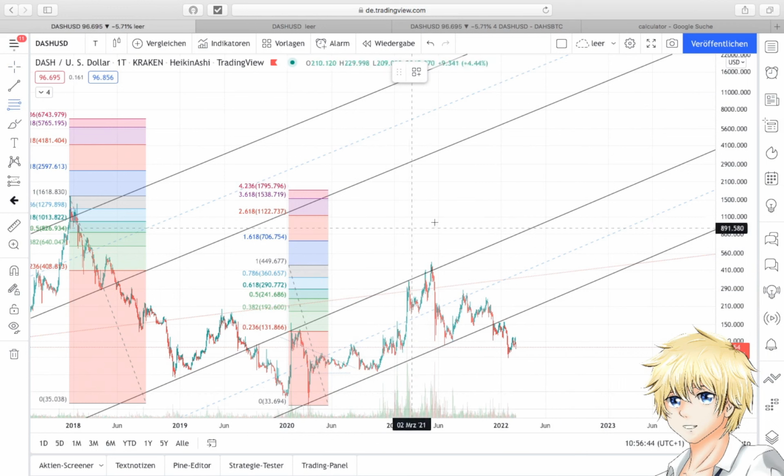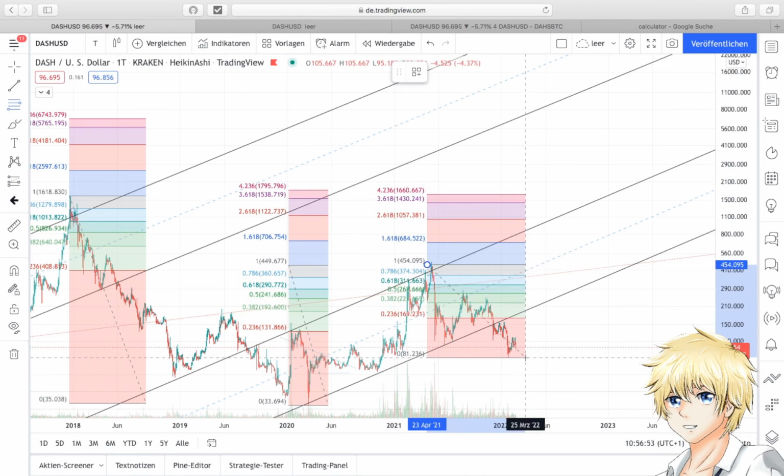And now I analyze this part of the chart. So what I'll do, I'll go to the top of this impulse and draw it until the most recent bottom here, end of January.